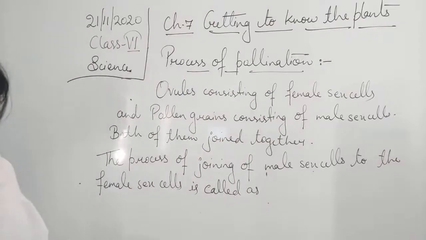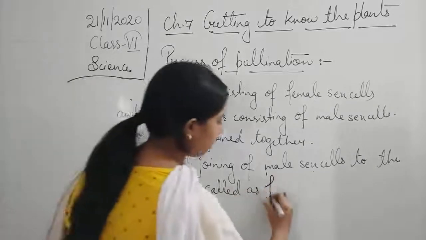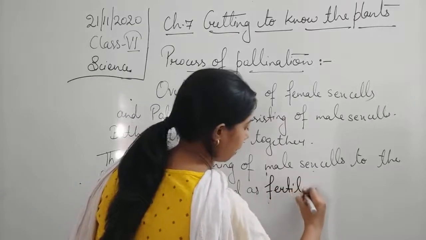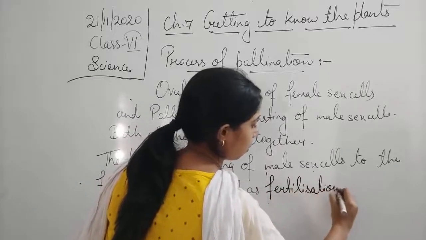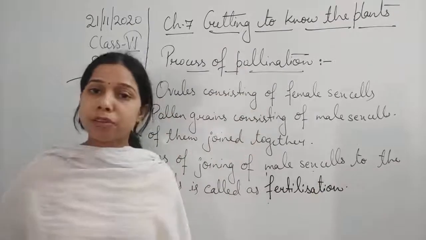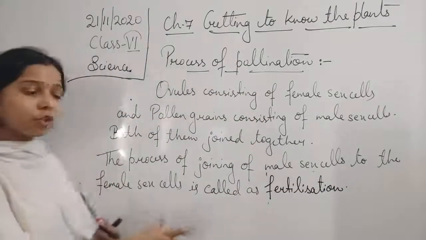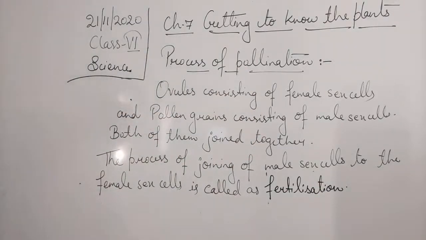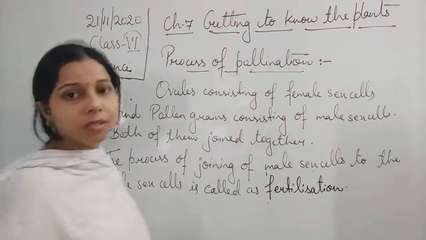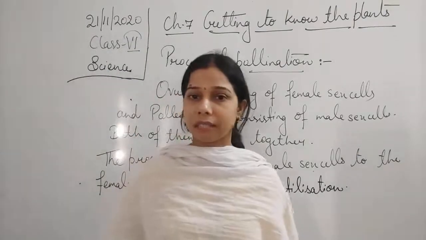This process is called fertilization. So what is the process of fertilization? The joining together of the male sex cell to the female sex cell is known as the fertilization process.